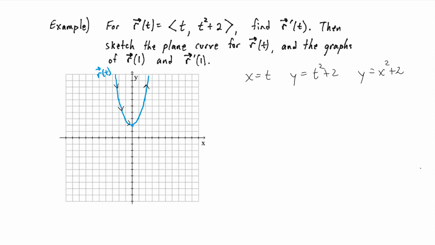Now, let's go evaluate the vector valued function at 1 and see what that output is. So if I take the vector valued function and plug a 1 in, I get 1. Plug 1 in there, I get 3. So 1, 3.